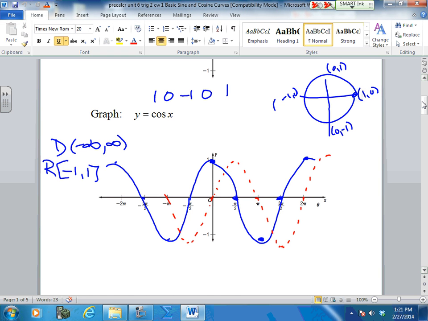And look where these are crossing. Halfway between 0 and 90, what angle is this where the sine and the cosine are the same? 45. So your sine and your cosine are the same curves, just a little shift of 90 degrees, because they are co-functions. Okay, so it still has the same attributes. It still has your same pieces there.